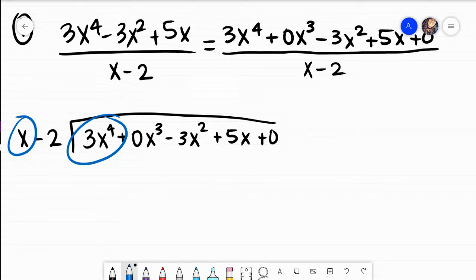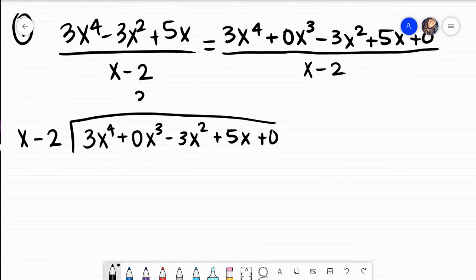If you do that division using exponent rules, I would do 3x to the fourth divided by x. For my coefficient, I would get 3, and then exponent rules state that whenever you divide variables, you keep and subtract. So 4 minus 1 is going to give you 3.